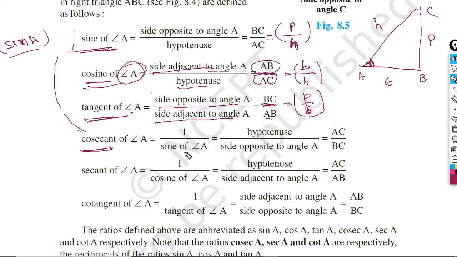Now 1 by sine of A will be equal to, you can reverse this, hypotenuse divided by the side opposite of angle A, that is AC by BC. Now look at the figure. AC is equal to H, divided by BC, which is P. So H by P.